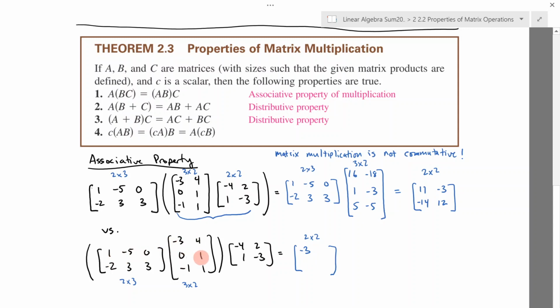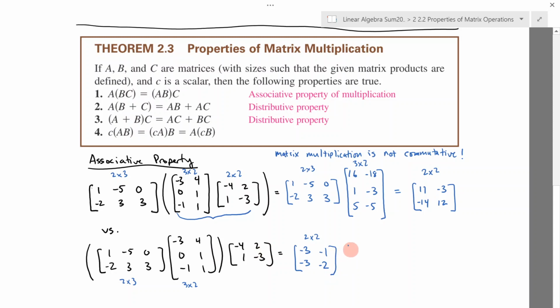Then 4 minus 5 is negative 1. Then 6 plus 0 is 6. Minus 3 is negative 3. And then negative 8 plus 3 is negative 5. Plus 3 is negative 2. Okay, so that's this multiplication.